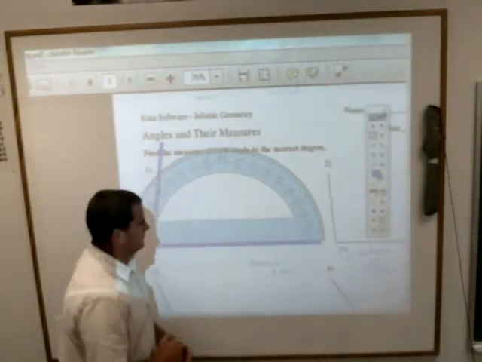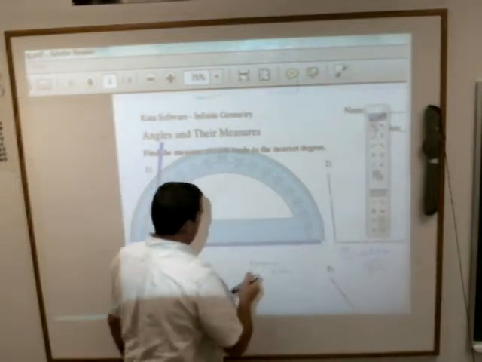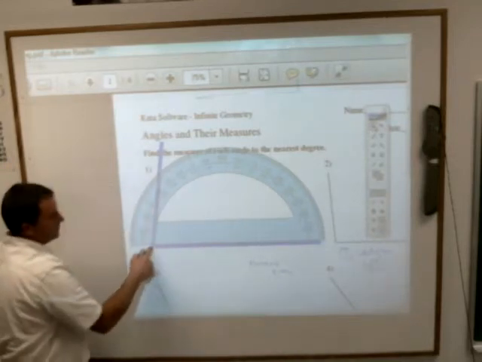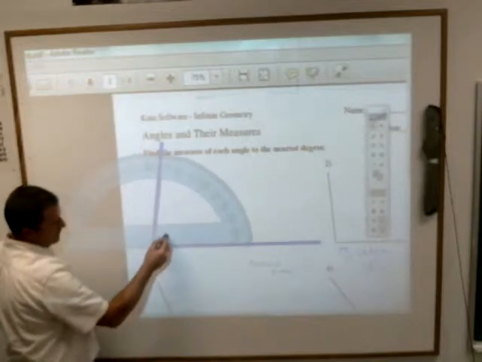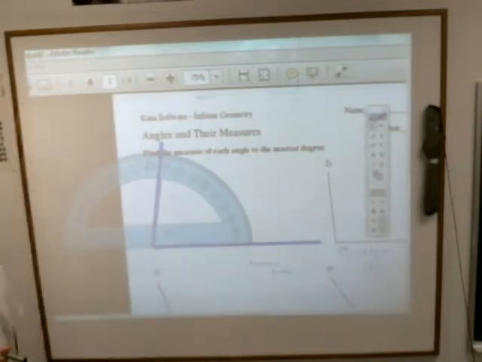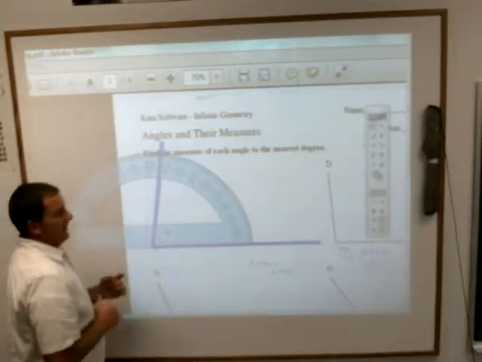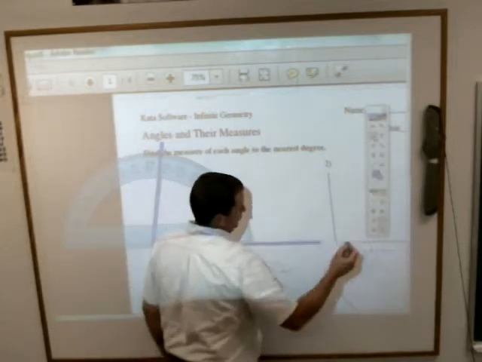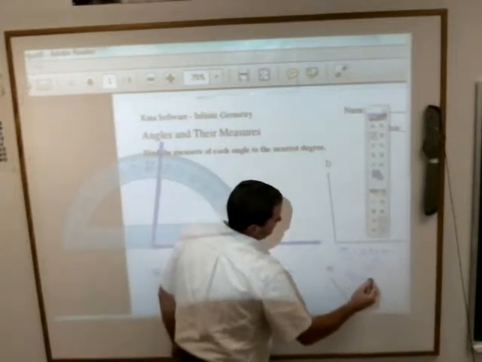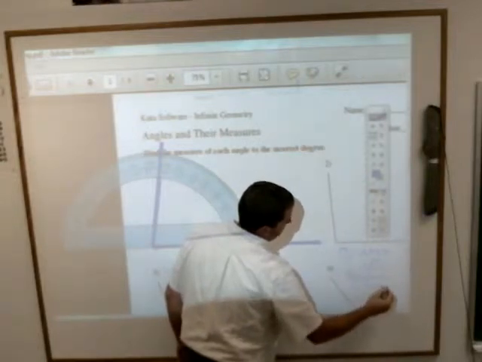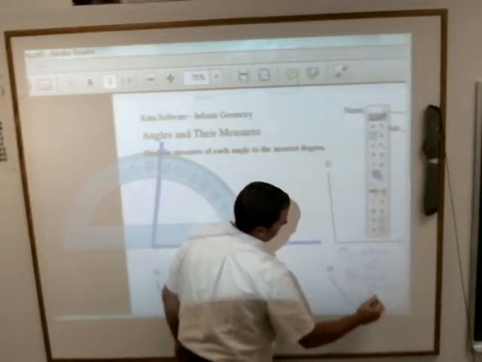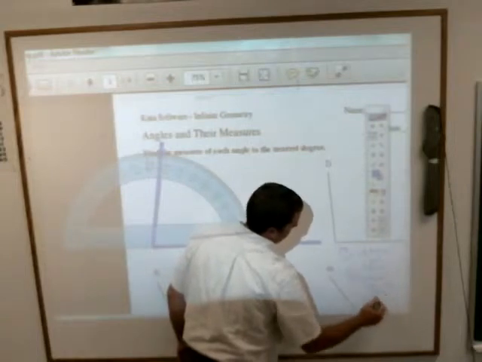Every protractor is a little different. That means this little hole on your protractor has to go to the vertex somewhere over here. So I'm going to slide my protractor over, put the little hole in there. You with me? I know some of you got this already. Okay. Then, step number 2, you need to line up the line of your protractor with one of the rays.